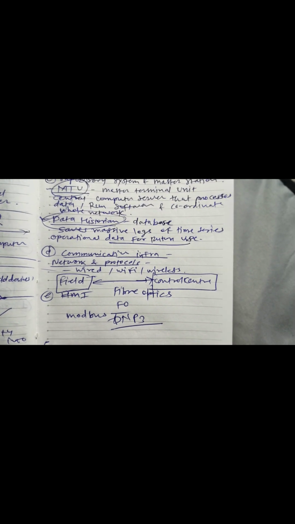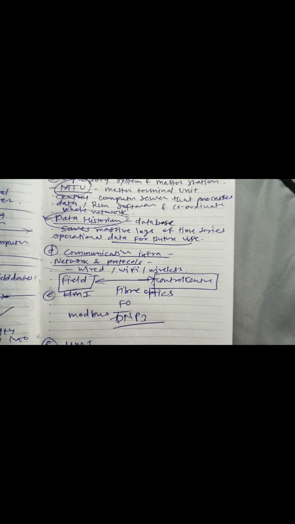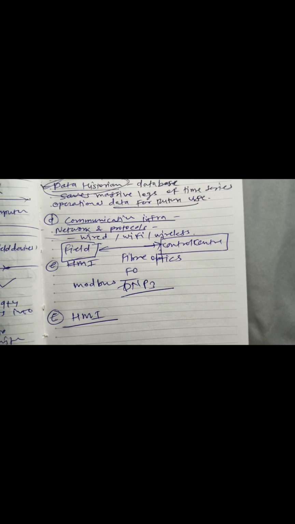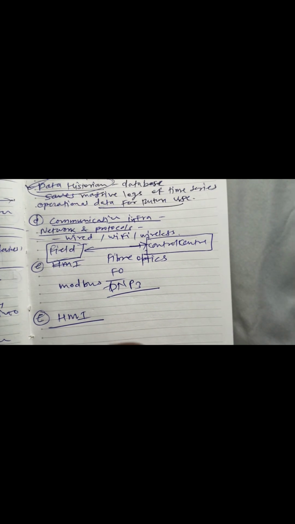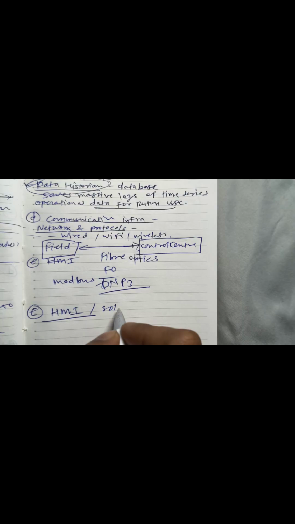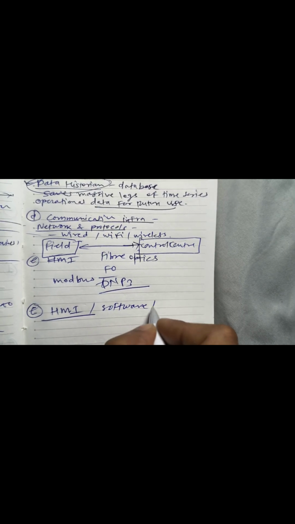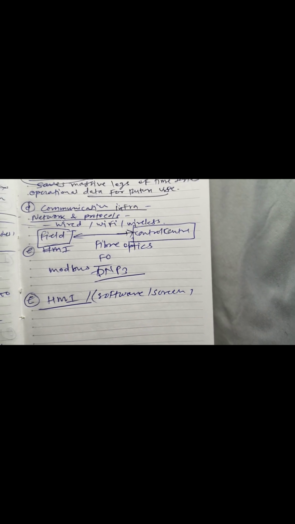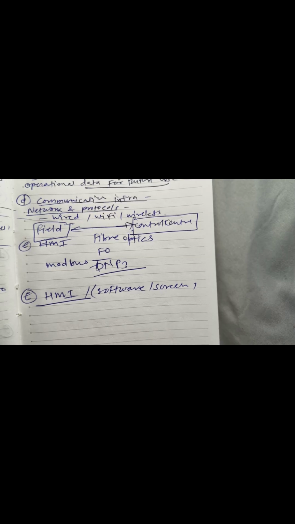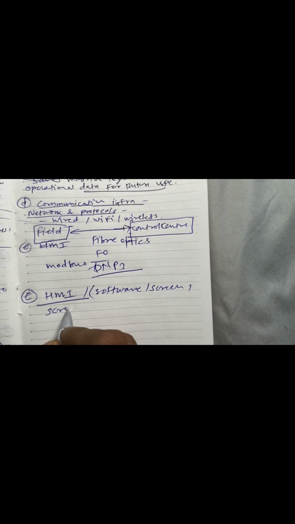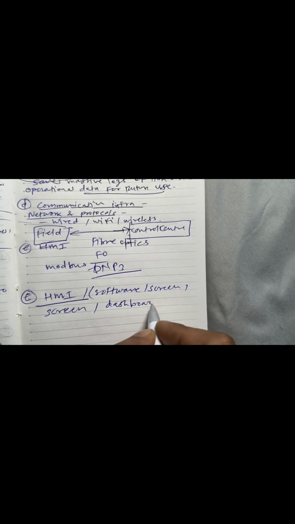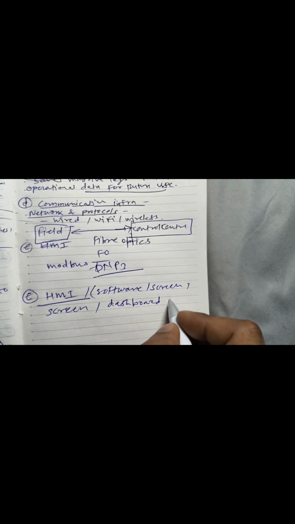Now the last is the HMI, human machine interface. It is software and a screen, a dashboard and visual graphics that show the operator the live plant status. It is a screen, a dashboard you can say, with visual graphics.